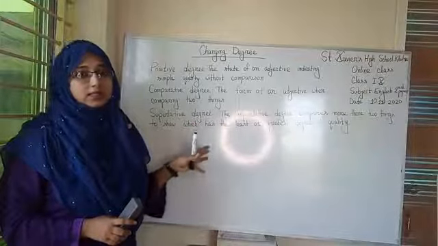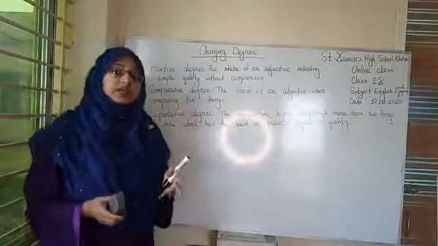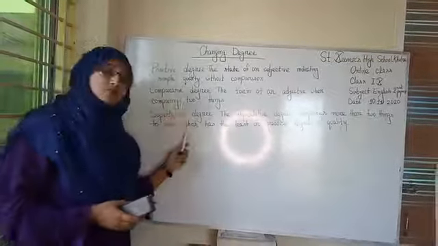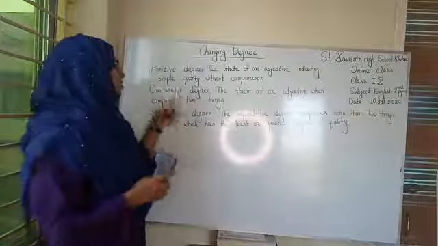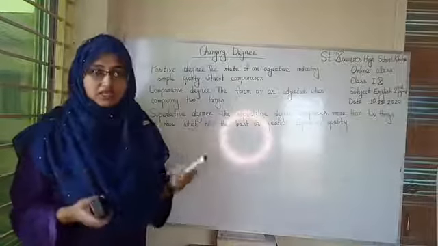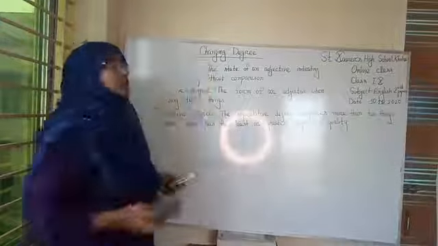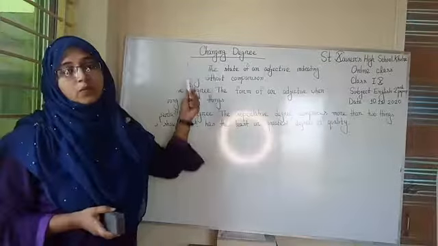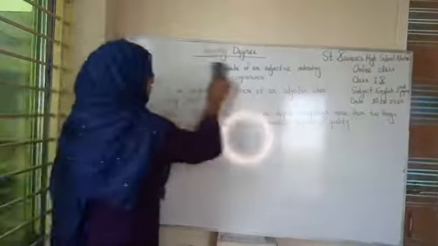Now in your exam, what do you have to do? You have to change degree: positive to superlative, positive to comparative, and in the same way, superlative, comparative, positive change. Now you will learn some rules for how to do positive to superlative and positive to comparative.